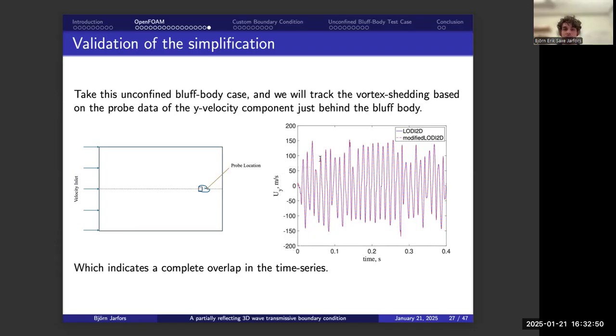And what we can see here is that the two implementations overlapped perfectly. So there's no difference for this case, since the boundary has a normal vector which is completely in line with the x direction.